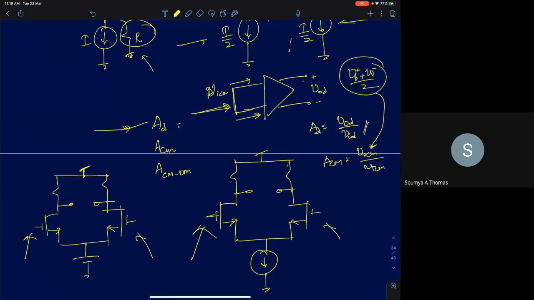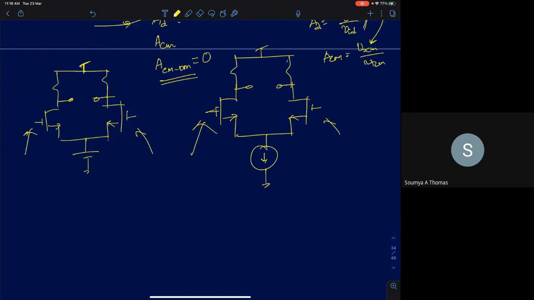So that's called ACM-DM. And what did we say for an ideal differential amplifier? What will be the value of ACM-DM? Purely symmetric circuit. What should be the value of ACM-DM? 0, right? That should be perfectly 0. That's it. And we took two examples shown here, and we calculated all these three parameters.